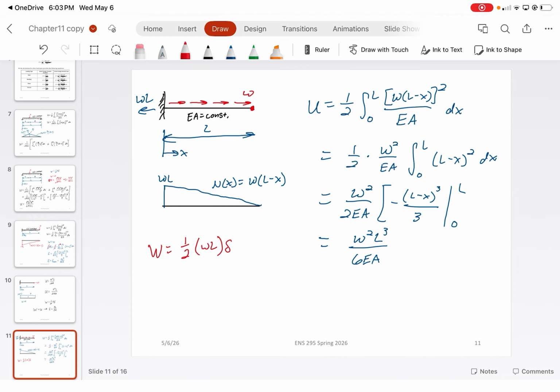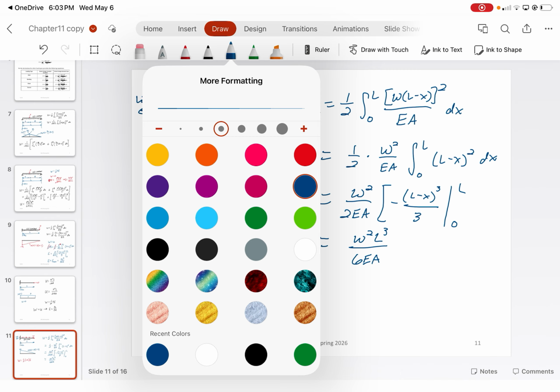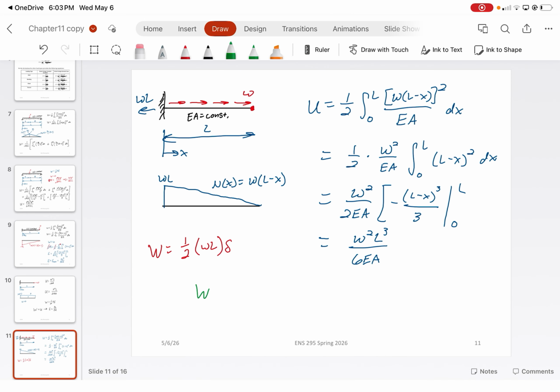All right. So, setting W equal to U, we end up with 1/2 WL delta is equal to W squared L cubed over 6EA.